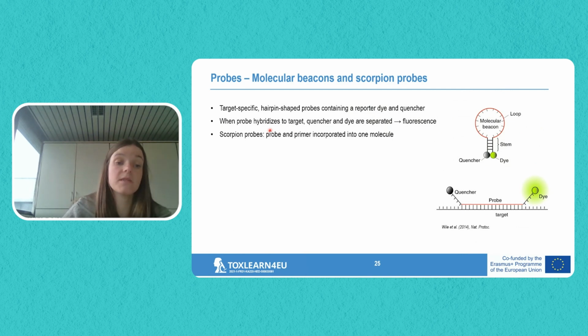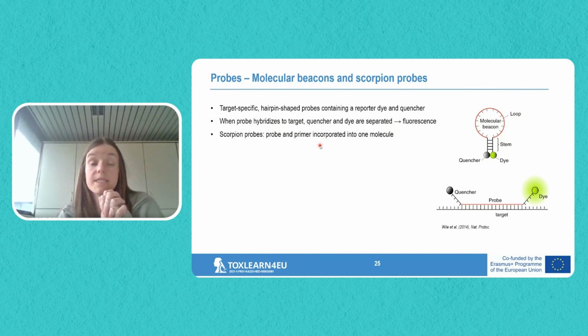What will then happen is when the probe hybridizes to the target, the dye and the quencher are separated from each other, and the dye can start emitting fluorescence. So these are so-called molecular beacons. Then the difference with scorpion probes is that the probe and the primer are incorporated into the same molecule. But the general principle of the method is the same.